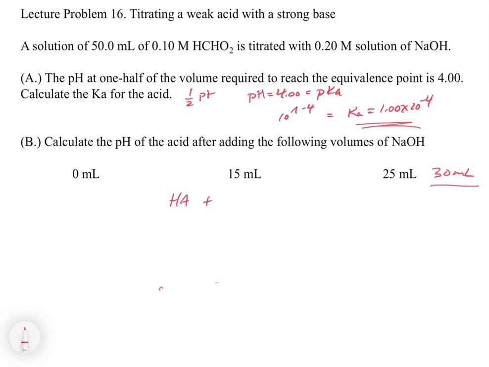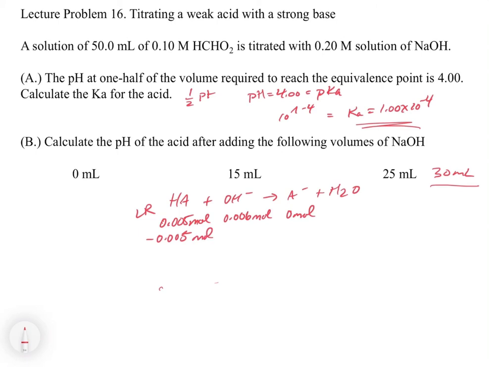Okay, so the last condition we're going to look at is where we have 30 mils. If we go back to our mole table, our stoichiometric table, at 30 mils, this is going to be 0.005 moles of the HA. This is going to give us 0.006 moles of the OH minus, and we're going to start with 0 moles of the A minus.